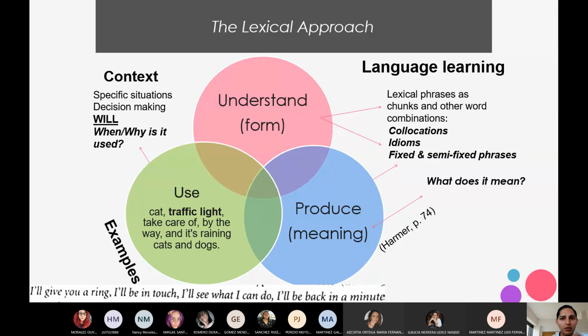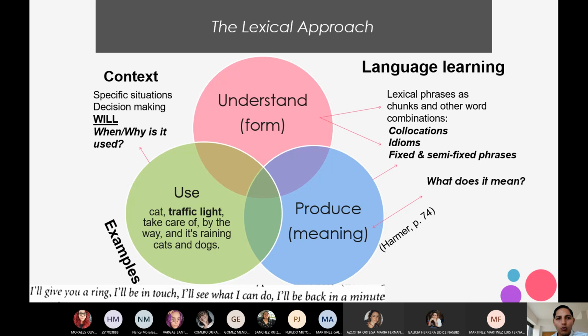So you also need to include in your teaching, and students need to go through the process of learning when and why the word is used. So the context of the word is also important for teaching vocabulary according to the lexical approach, as well as specific situations for decision making to be enhanced.